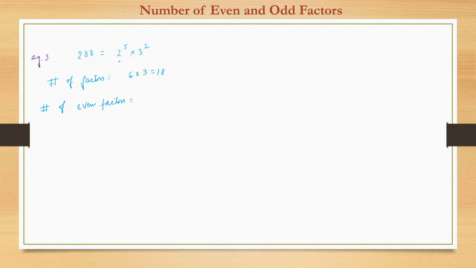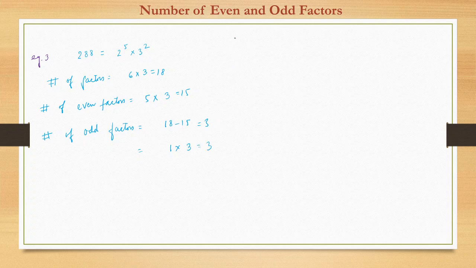For even factors, we will consider first the powers of 2. 2 has 5 options, and 3 has 3 options. It becomes 15. So number of odd factors would be how many? Either we can directly write 18 minus 15 is equal to 3, or for 2 we have only one option, for 3 we have three options, 3.